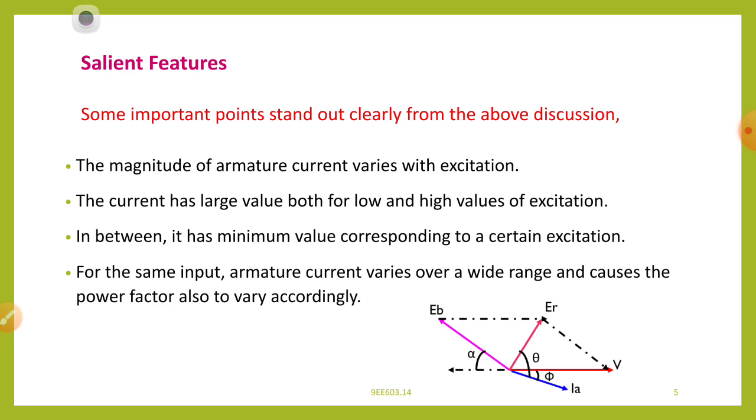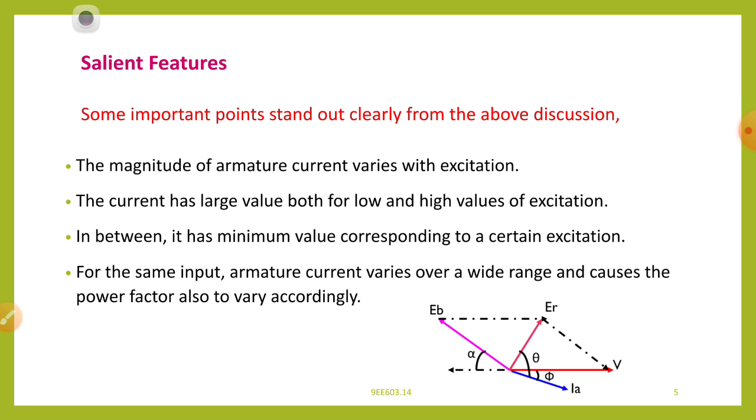That means you give the required excitation to the synchronous motor as per your convenience. For the same input supply, armature current varies over a wide range and causes the power factor also to vary accordingly.